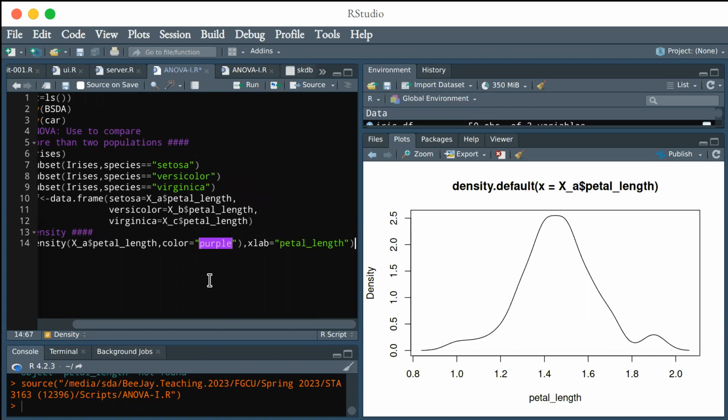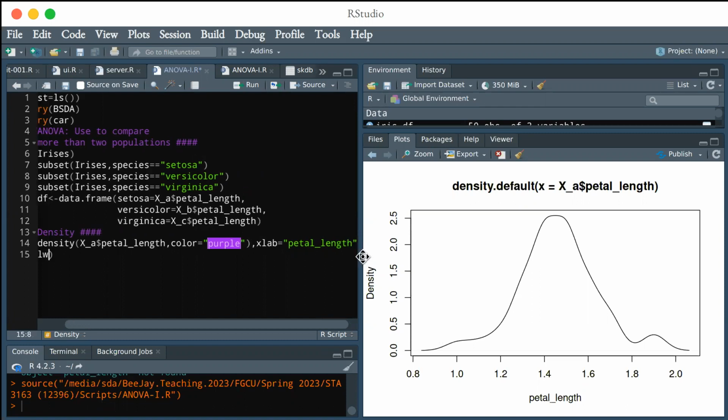Purple. Do we agree that it is normal? Yes? I would say so. We have some bumps here and there, but they happen because of density estimation.